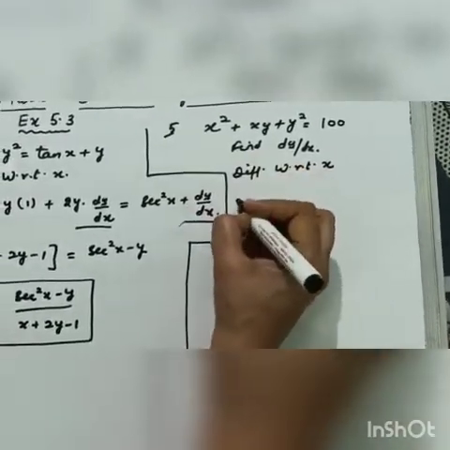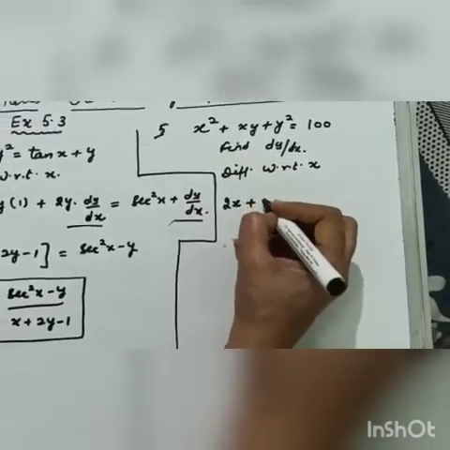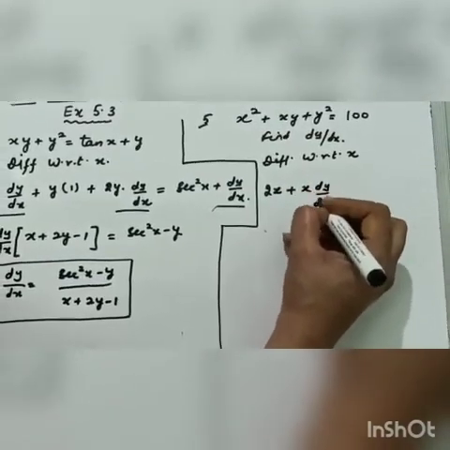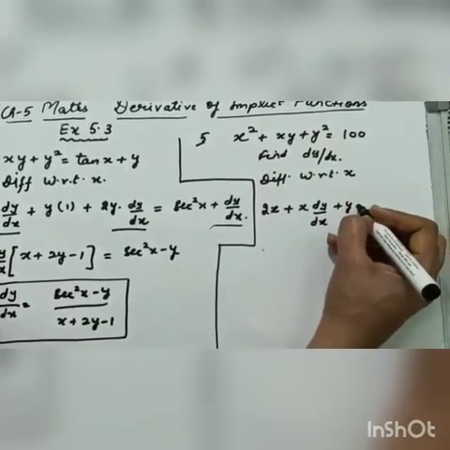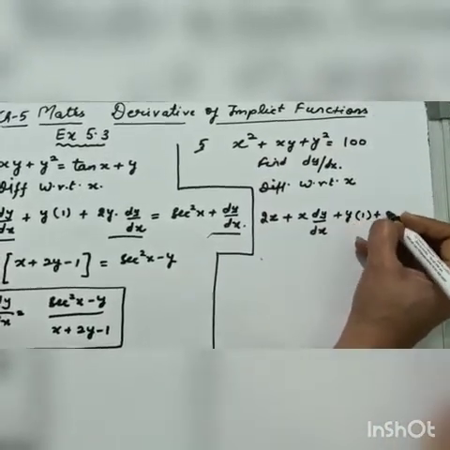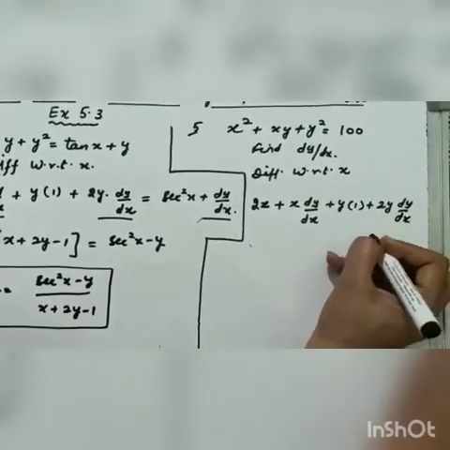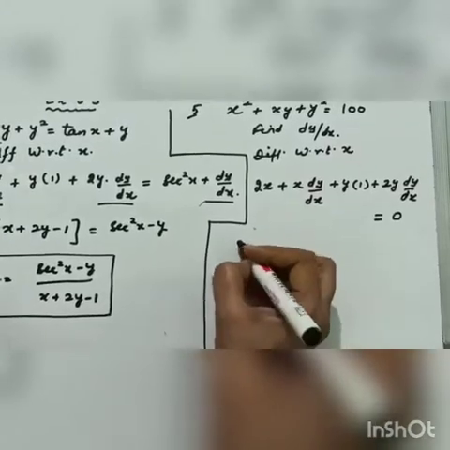So when we differentiate x square with respect to x, it is 2x. Then again xy, we need to apply product rule. x as it is, derivative of y is dy by dx, plus y as it is, derivative of x is 1, plus y square gives 2y dy by dx, and derivative of 100 is 0. 100 is the constant, derivative is 0.